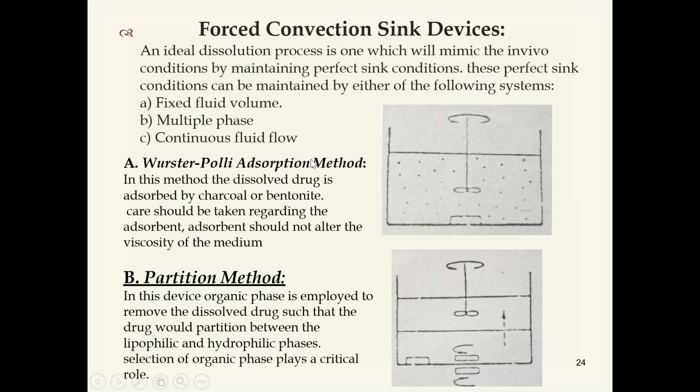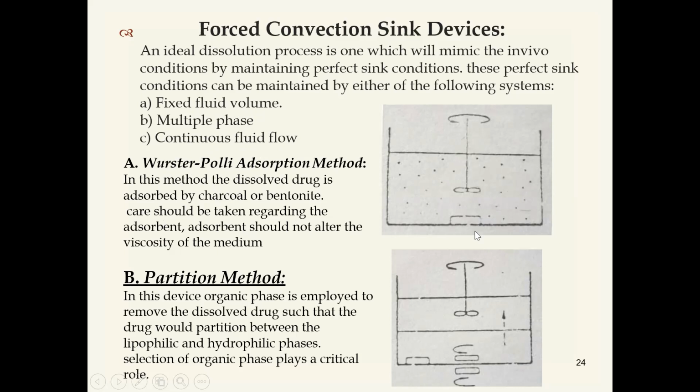In this, the first method is the Brewster Poly adsorption method. This was developed by the scientist Brewster Poly in the year 1961. Better to write with the scientist names and the year also. This is the dissolution medium. This is the shaft.